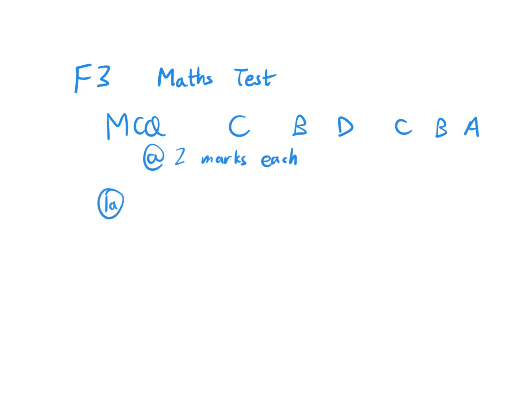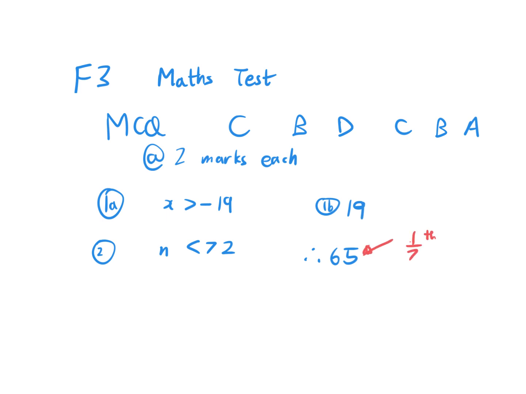And now the numerical answers. For question 1, x is greater than minus 19, so 19. Question 2, n is more than 72, therefore 65. Why? Because 17 is still an integer.